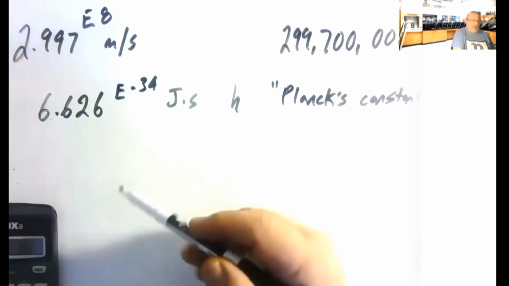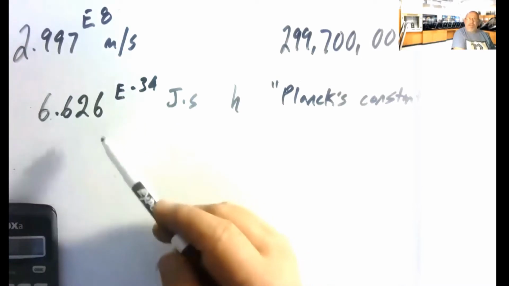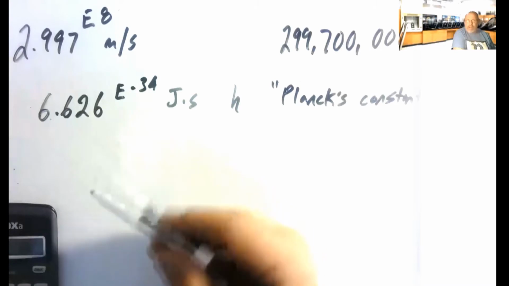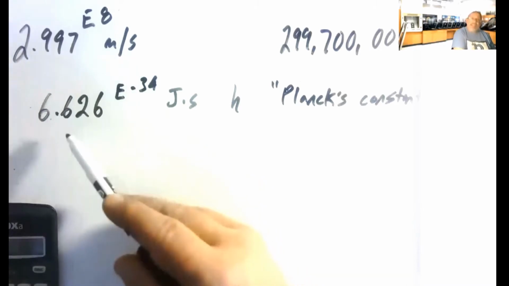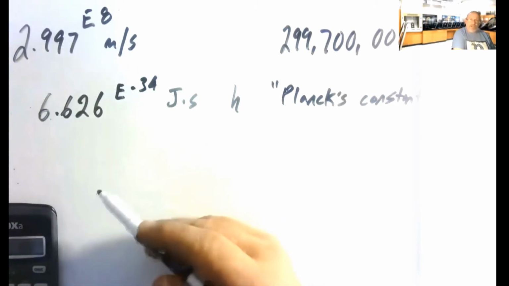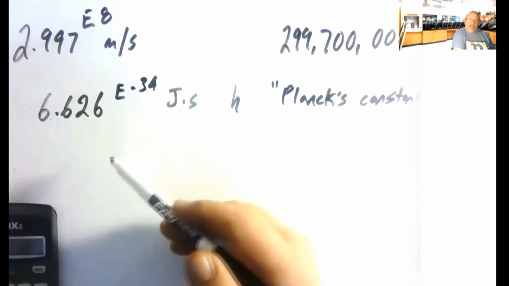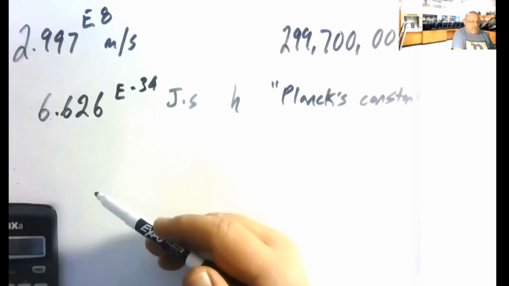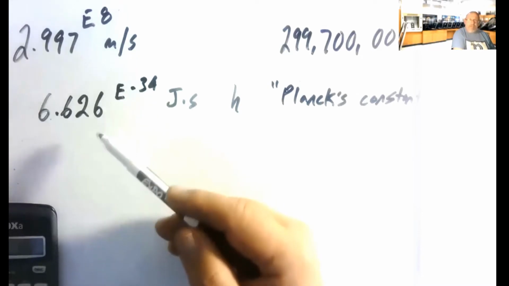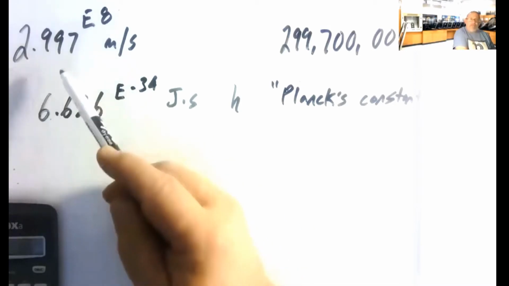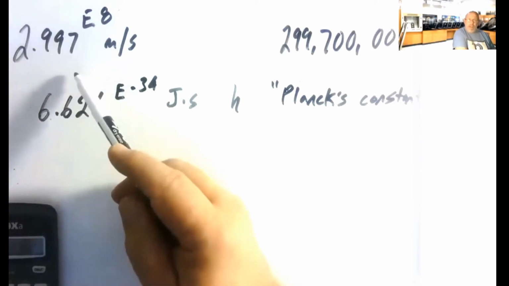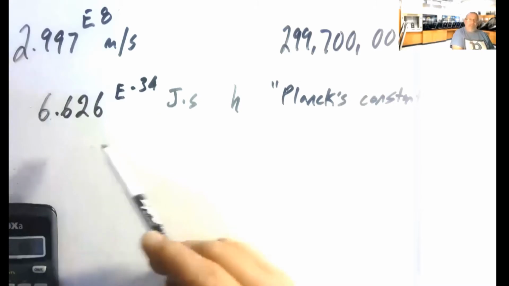He did careful calculations and he got a number very close to this, and he called it H, and in his honor, it's now just called Planck's constant. And this also is truly a fundamental constant. It's also built into the structure of the standard model, and it seems to be part of the long-term structure of the universe. So these are actually real numbers, but whereas this number is a relatively large number, 299 million, this is a vanishingly small number.